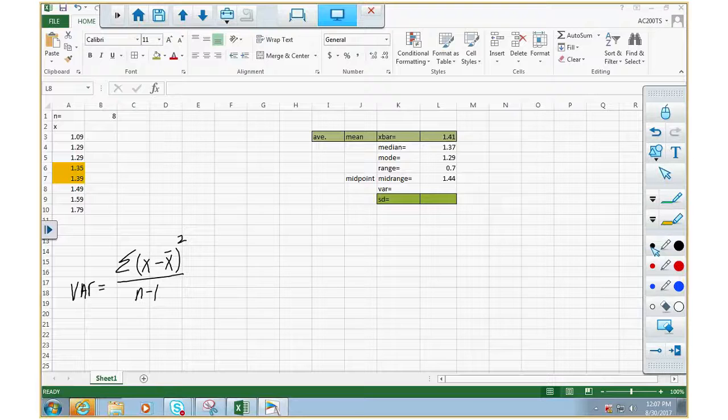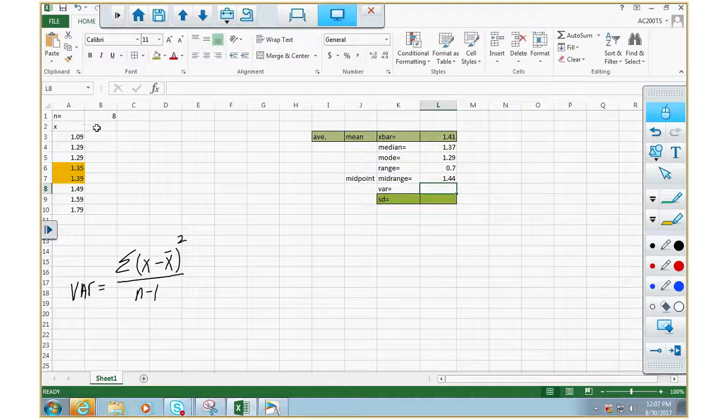So somebody tell me, what do we have to do first to get our variance? We've got to subtract the mean from each one of our x's, Hubert. That's right, class. Because that's what it says, x minus x bar. I just told y'all that each one of these are called what? X. This says x, and this says minus x bar. Everybody with me?